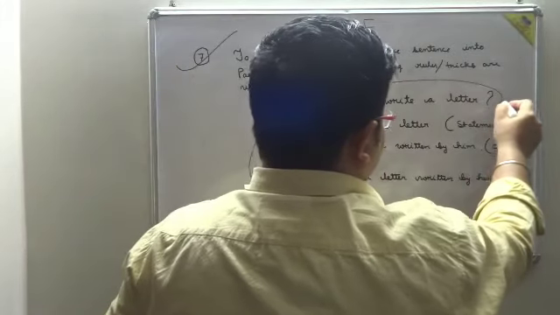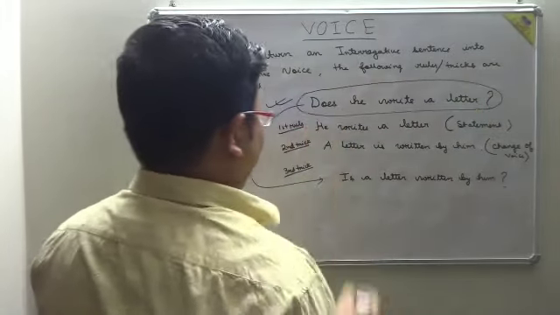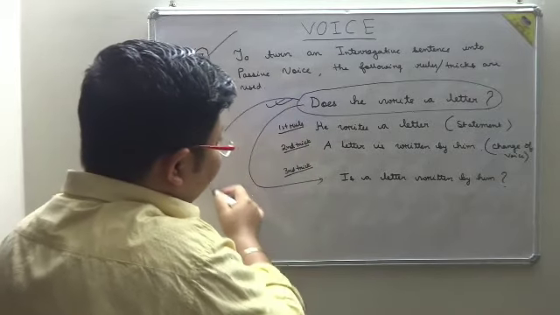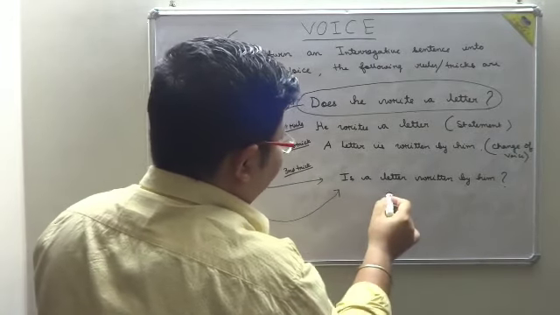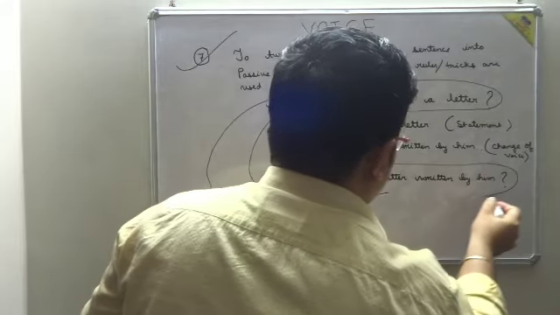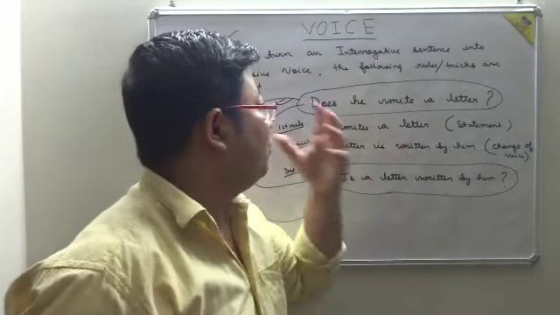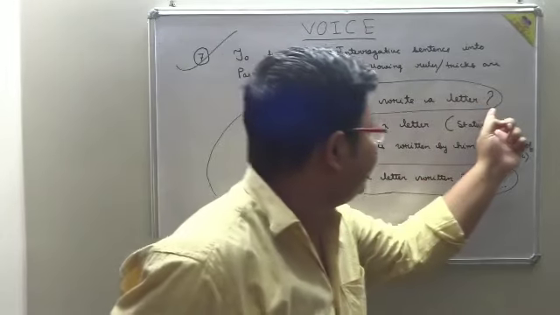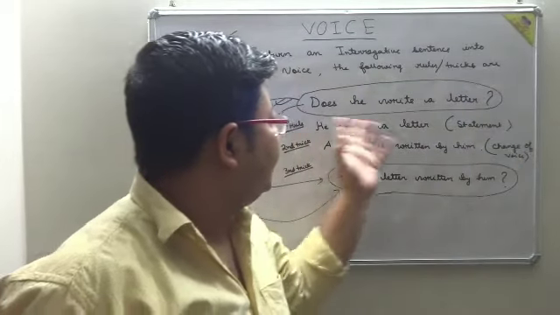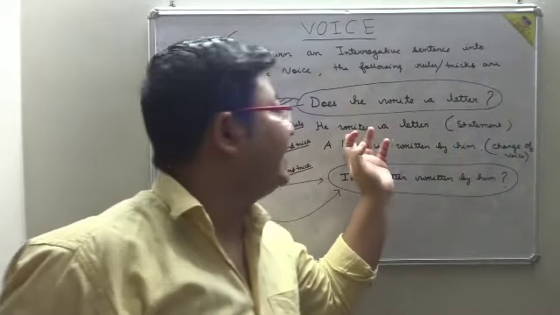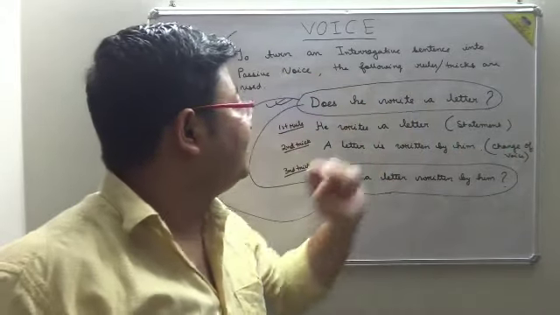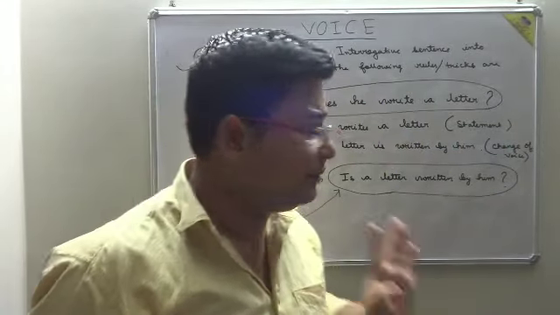This was our active voice. I have changed it finally to the passive one, but we have followed a certain method. First, the interrogative sentence in the active voice was changed to a statement. Does he write a letter? He writes a letter. This was the statement.